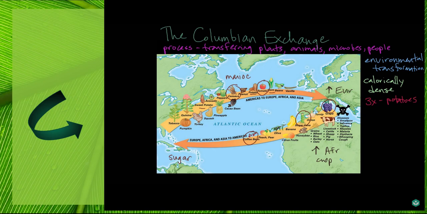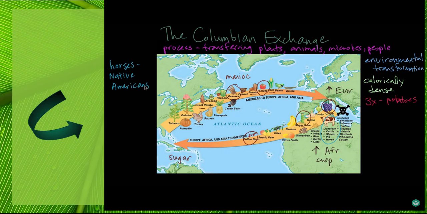So what about these animals? The Europeans brought cattle, sheep, pigs, and horses to the New World with mixed results. Horses, for example, were a tremendous technology that was widely adopted throughout Mexico, and the Native Americans living in the Great Plains of what is today the United States found that horses revolutionized their ability to hunt.